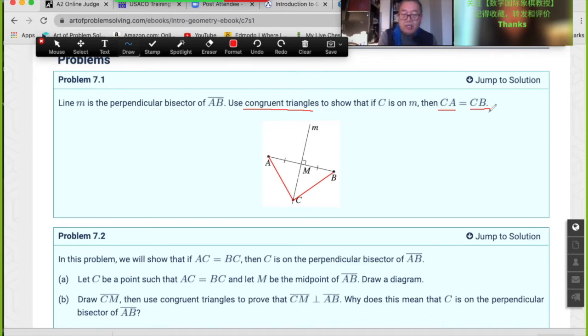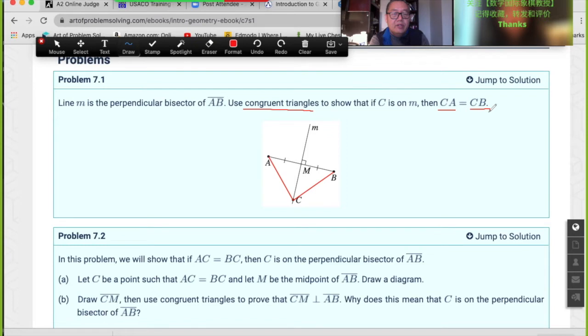So you say here, if you try to prove CA equals CB, they tell you to use congruent triangles. So can you tell me in this plot which two triangles are congruent? You need to find the two triangles that are congruent.